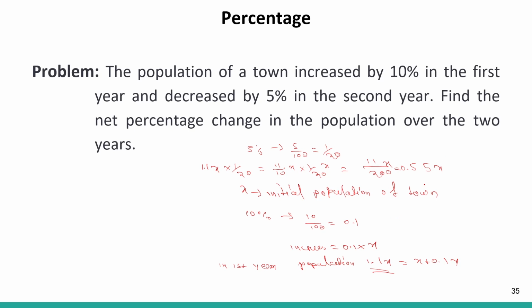Okay, this much amount is decreased. So 1.1 minus 0.55x is equal to what? This is equal to 1.45x.